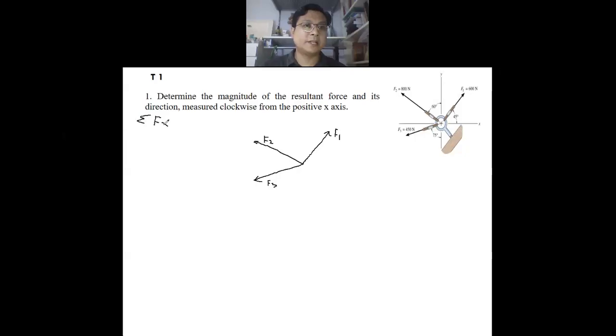First we try to calculate in the X direction. We have 3 forces, so it should be multiplied by F1. We can check F1 here. In the X direction, we multiply by cos 45. And then here we have F2, 800.